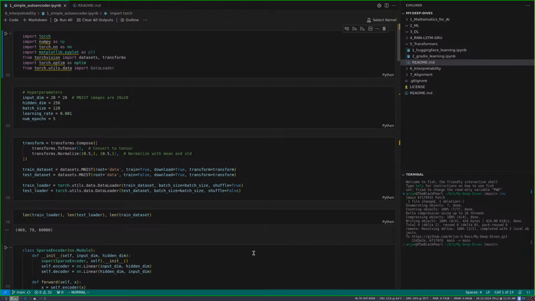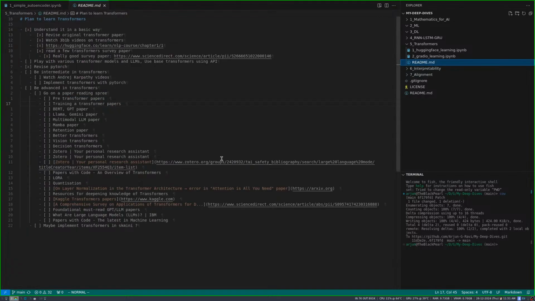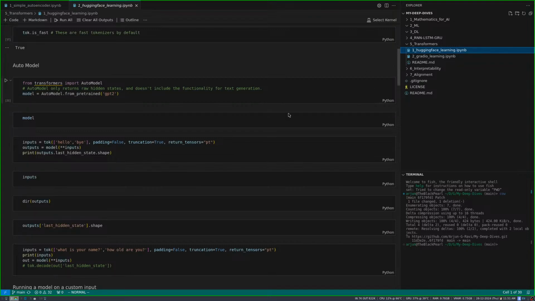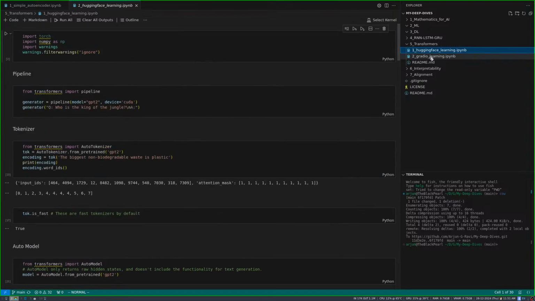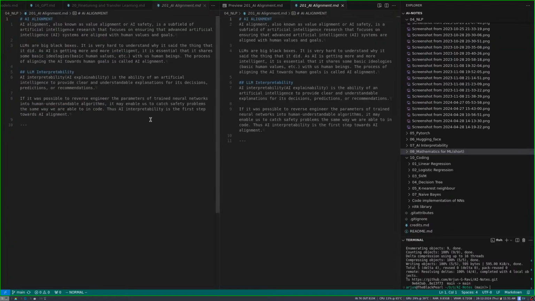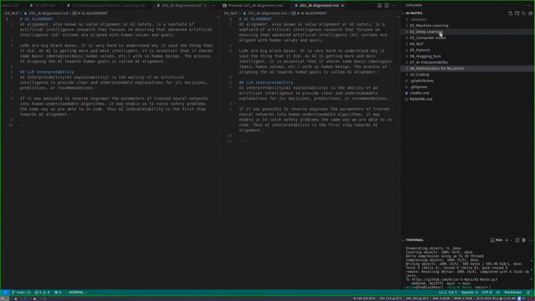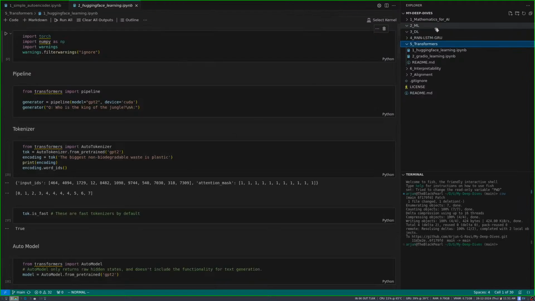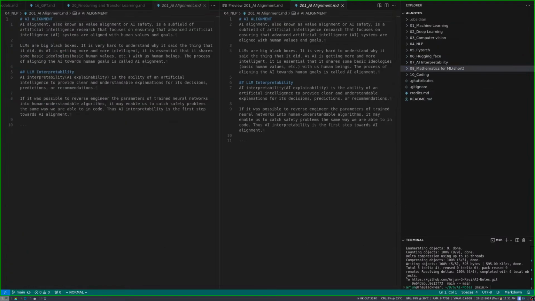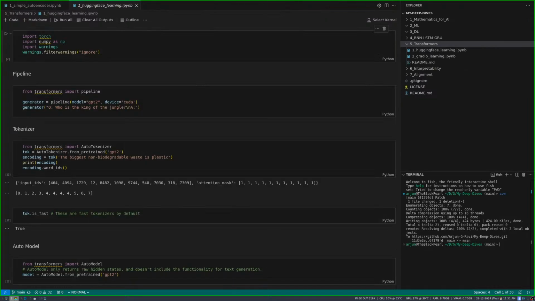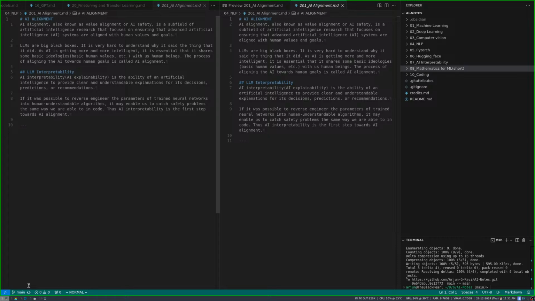I think now we can try to read this. Not good. Try to read.